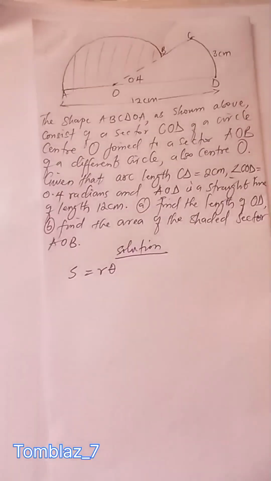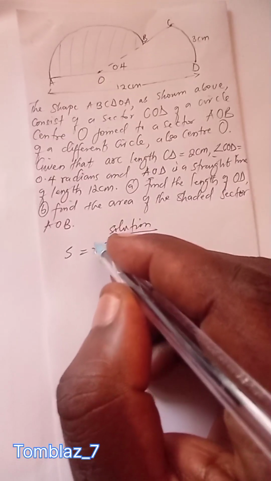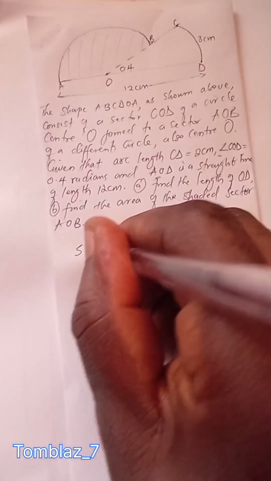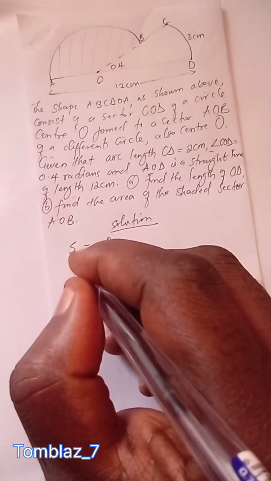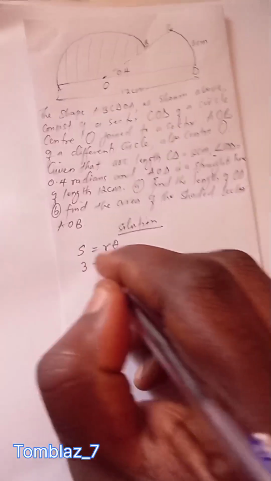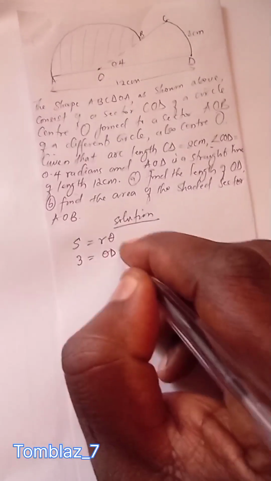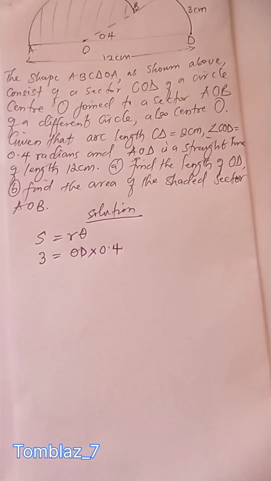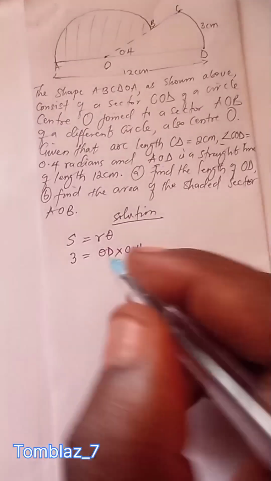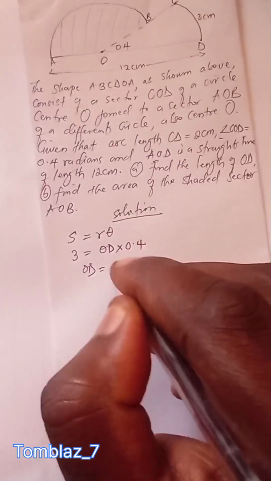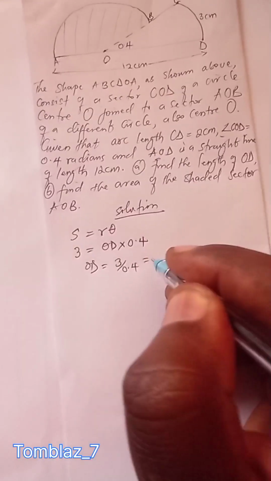So if we substitute this distance OD for R, we will have the arc, which is 3, equals OD times 0.4. Making OD the subject of the formula, we'll have 3 divided by 0.4.